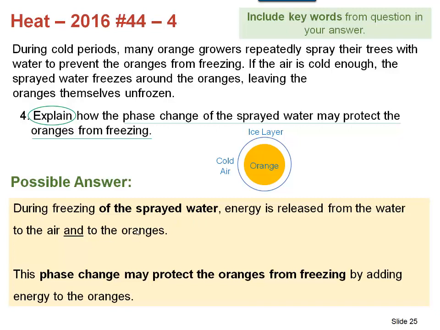So the process of freezing is releasing energy. So the water turning to ice actually releases energy, and it releases it both to the air and also to the orange, actually warming it up a little. This phase change may protect the oranges from freezing by adding energy to the oranges.